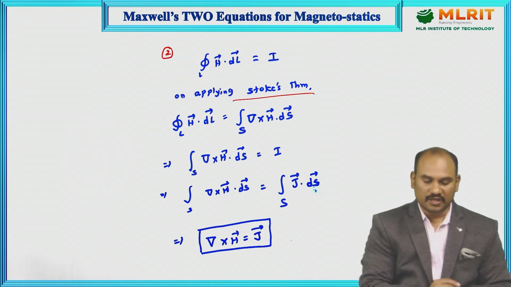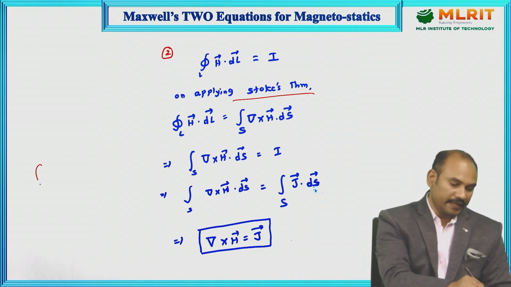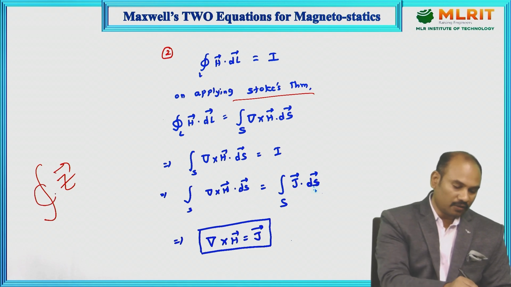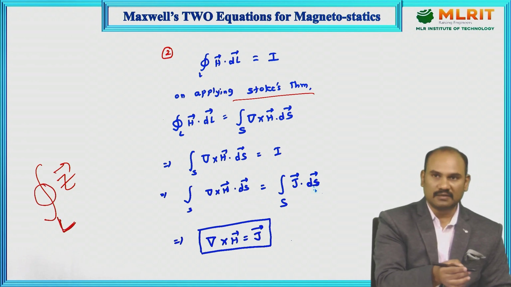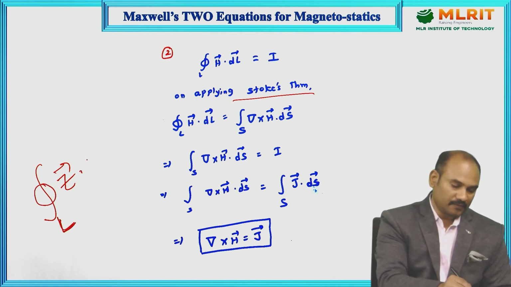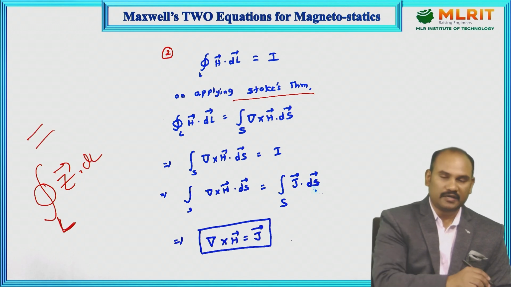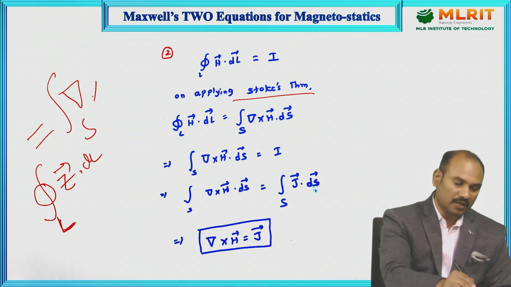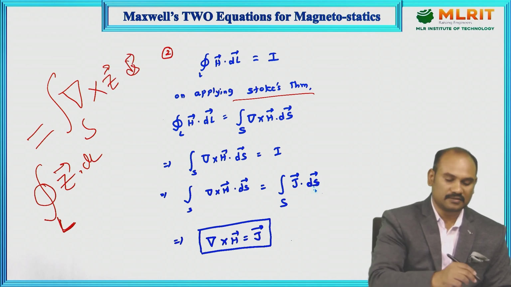So applying Stokes theorem, what does Stokes theorem say? The integral of any vector, I am taking some vector Z, over a closed path, L means length, it's a line, path, dl, can be equivalently written as the surface integral of the curl of that vector. Z bar is a vector. The surface integral, so I write ds.